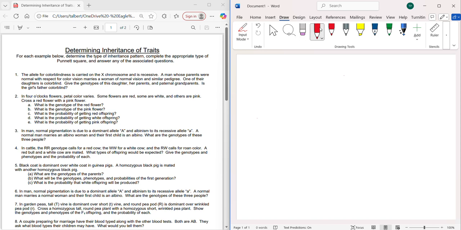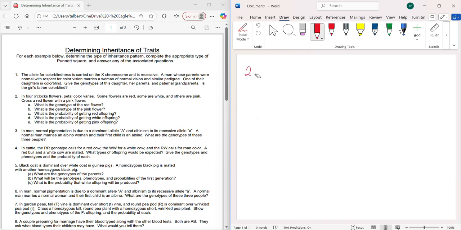And it does say, for each example below, determine the type of inheritance pattern and then complete the appropriate type of Punnett square. So first we need to figure out which one of the 4 or 5 that I just discussed. And you need to make sure that you write that down. So for example, let's look at number 2.